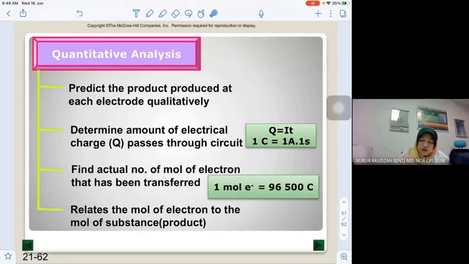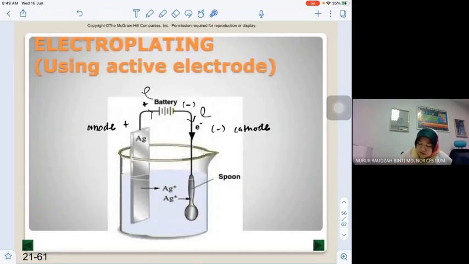For example, if we have Ag just now, there is no equation given, but we should know that Ag solid is produced here. So you should be able to come up with the equation of the reaction. What happens at the cathode is Ag+ aqueous plus an electron, since it undergoes reduction at the cathode, turns to Ag solid.